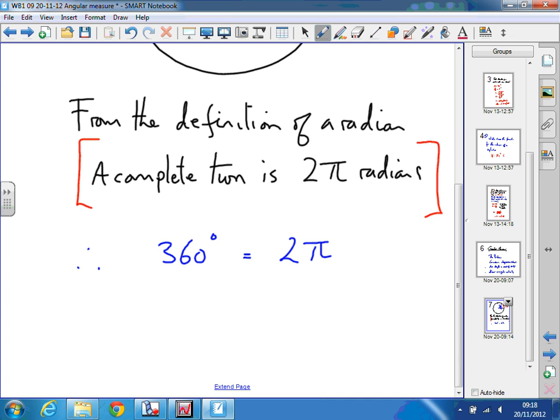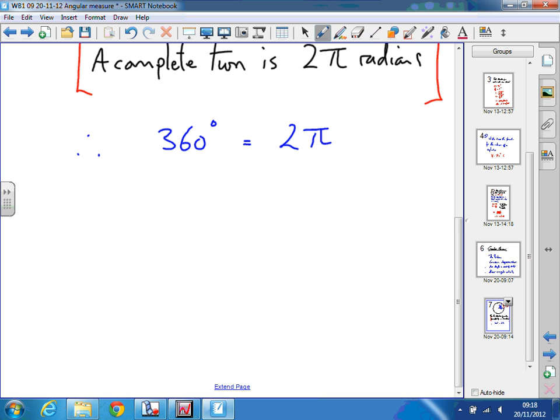I remember there's 2 pi radians in a complete 360 degrees. So you've got the conversion factor. What you can then do is say 180 degrees is pi. That's maybe a more convenient way to think of it if you're actually doing the calculation.